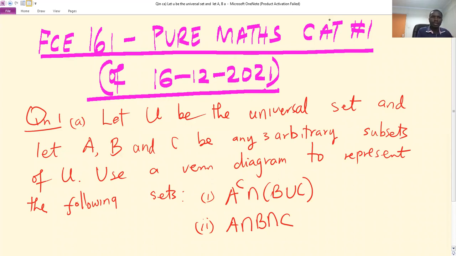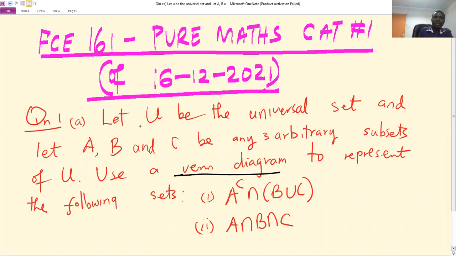So the first question was, let U be the universal set, and let A, B, and C be any three arbitrary sets or subsets in U. Use a Venn diagram to represent the following sets. One of the key things this question was testing is whether you know how to interpret problems.